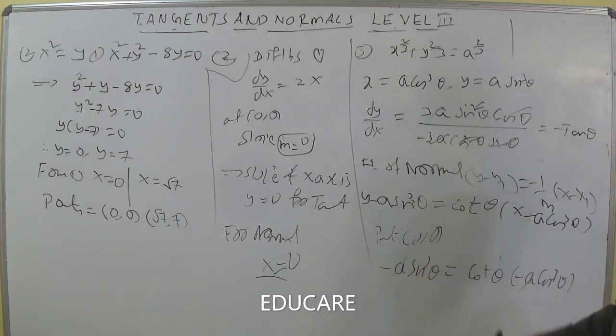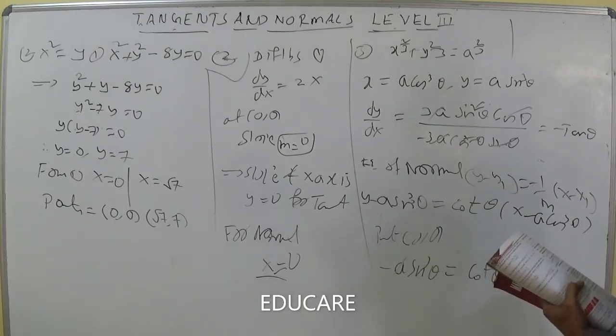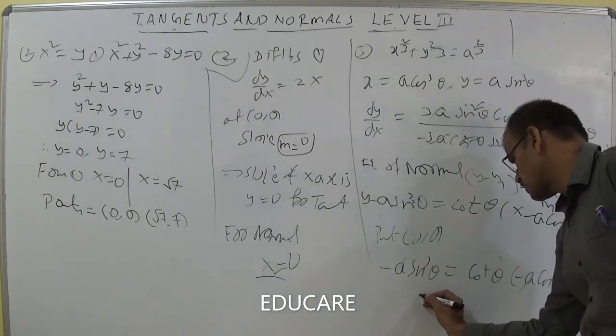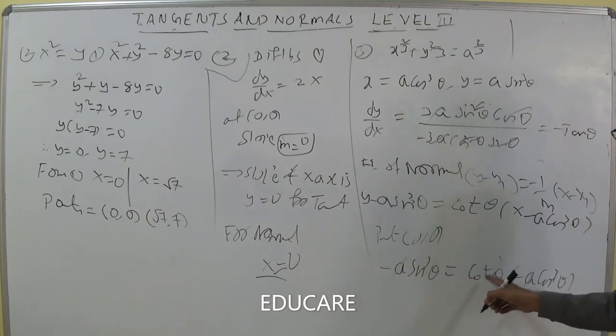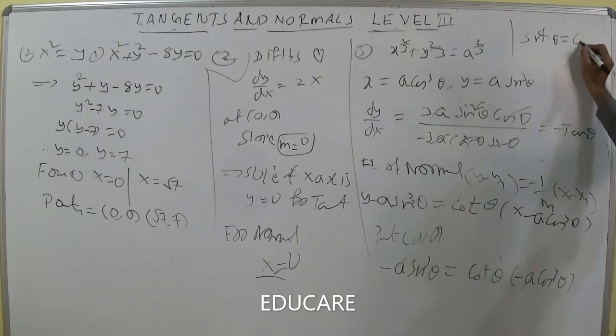Sin cube theta by cos cube theta, tan cube theta, is equal to cot theta. Sin cube theta is equal to cos theta by sin theta, so this becomes sin power 4 theta equal to cos power 4 theta. Then substitute the values and verify the options.